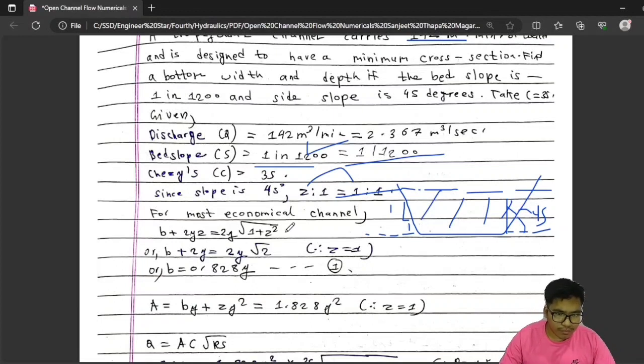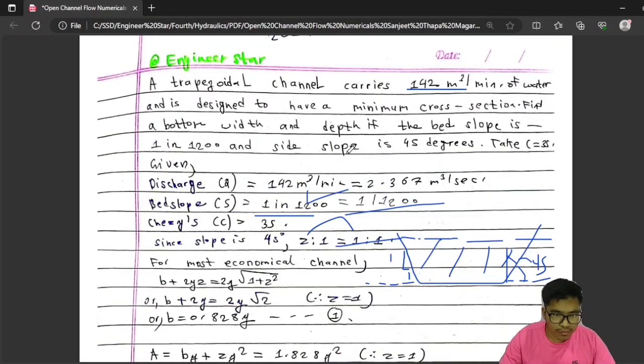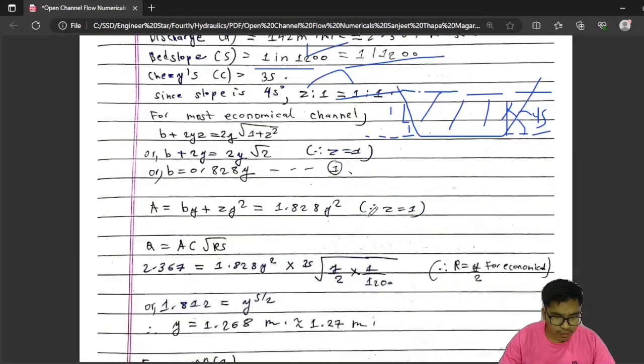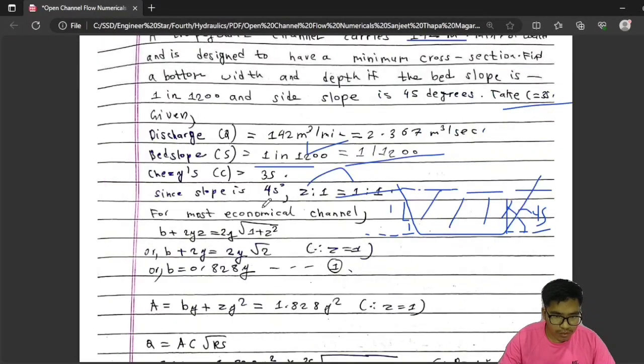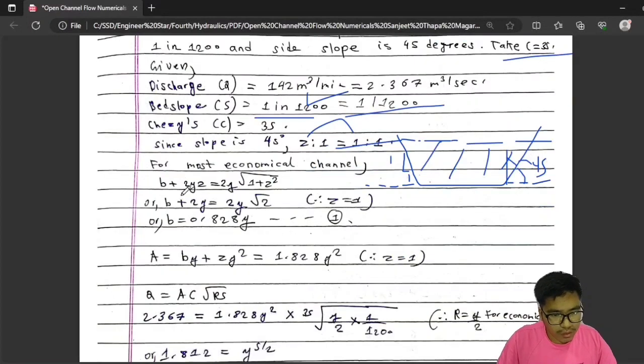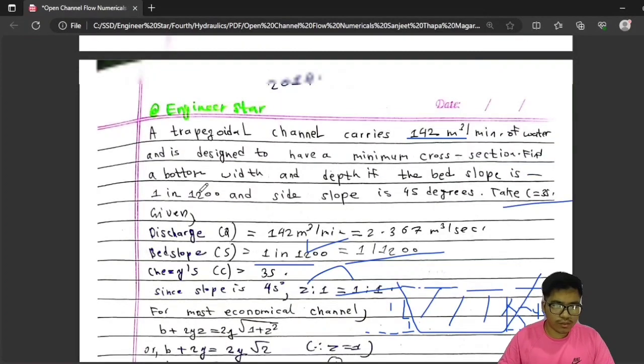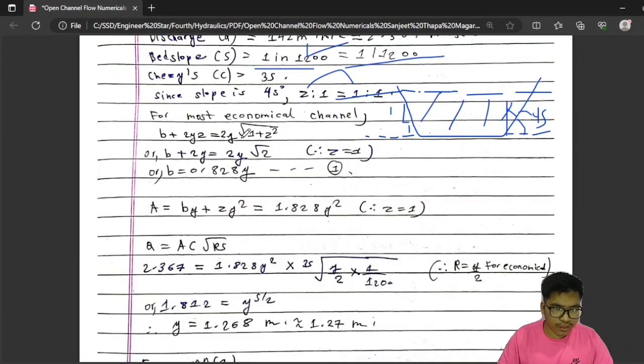and C is 35. So for the most efficient channel, or for a channel with minimum cross section, b plus 2yz is equal to 2y square root of 1 plus z square.